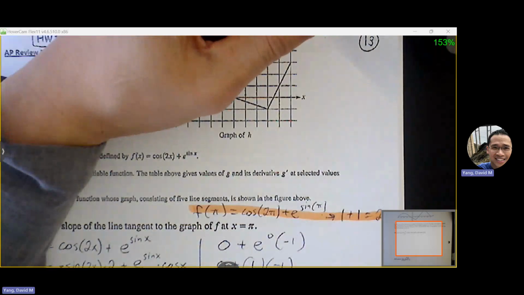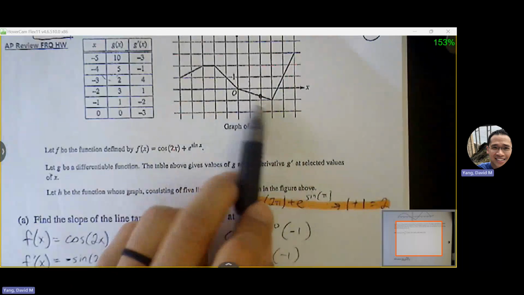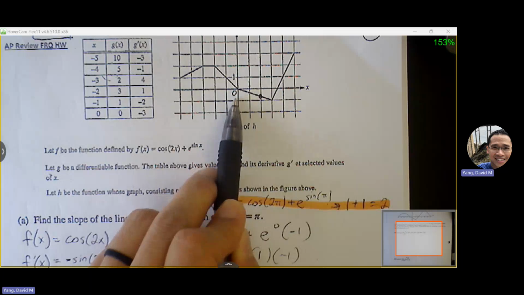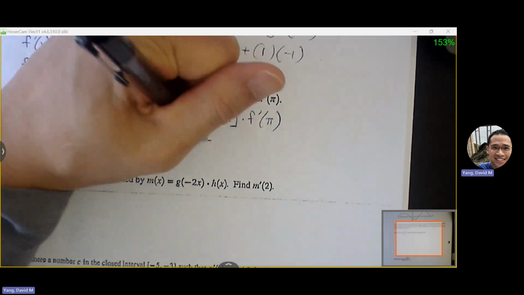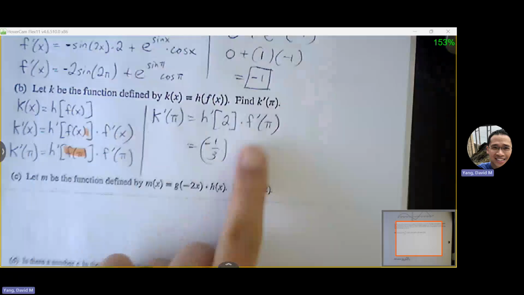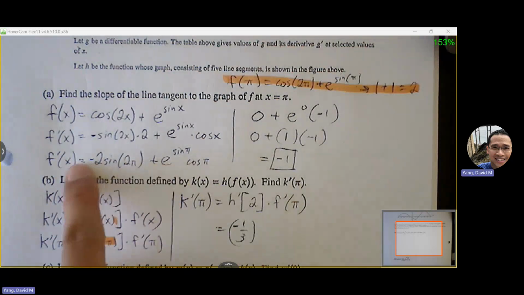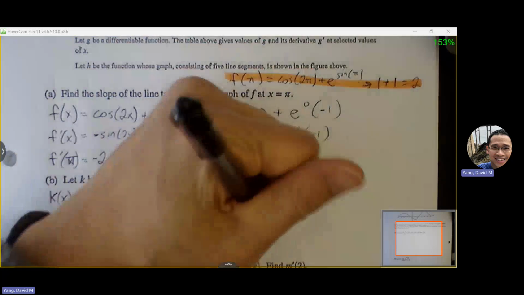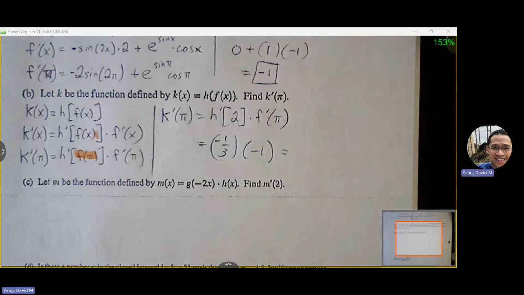The slope of the h graph at 2 is here. We have to find the slope of this line segment. So I can go from end to end and just count, rise over run, down 1 over 3, negative 1/3. The slope of this line segment is negative 1/3. And then f prime of pi, I think we can pull that from part A. F prime of pi is negative 1. So finally, negative 1/3 times negative 1 is just 1/3.